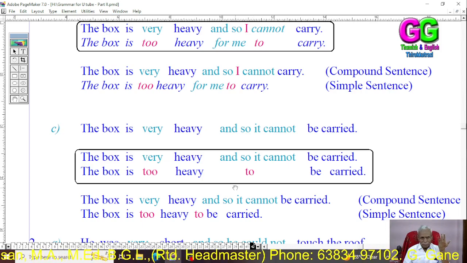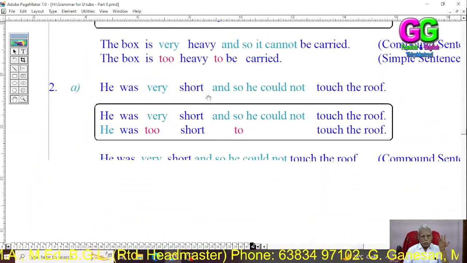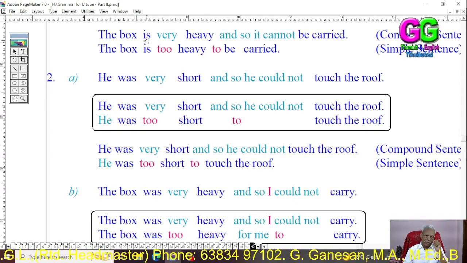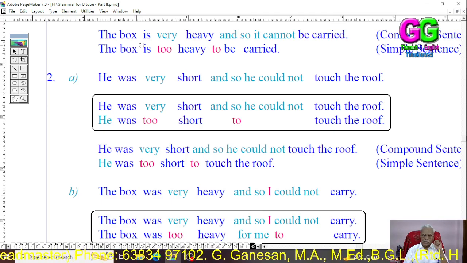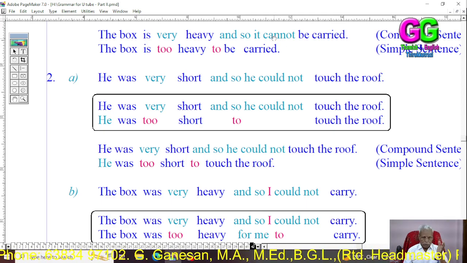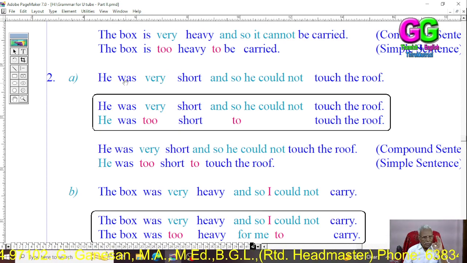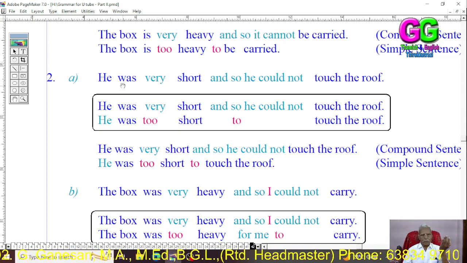That's all. Okay. And dear students, in the first example, the verb is simple present, so we have used "cannot". But here the verb is "was", simple past.